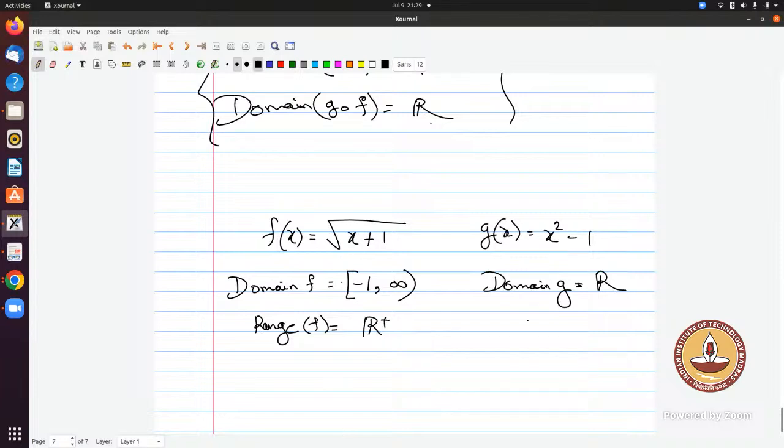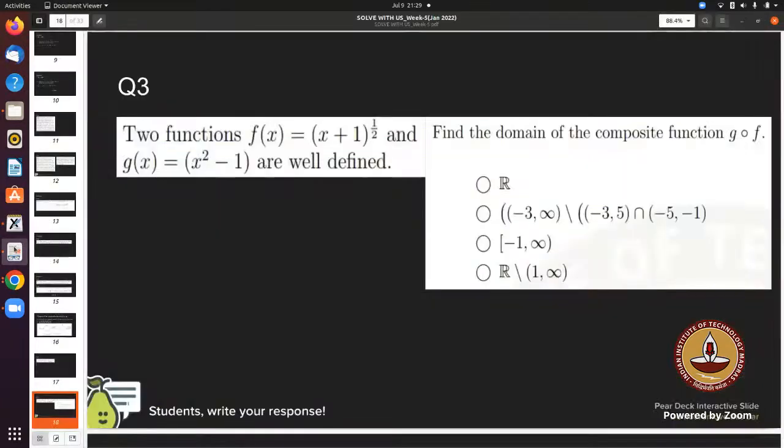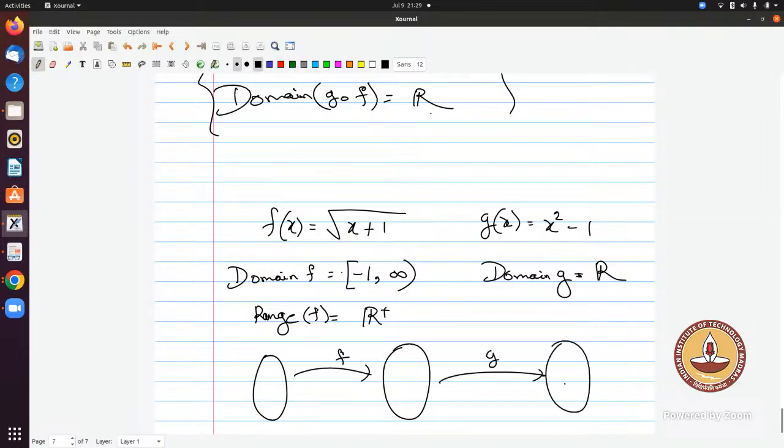Okay, fine. So I have to find the domain of g compose f. So I have to apply f first, and then I have to apply g. So I have to take the input first from this set, -1 to infinity.